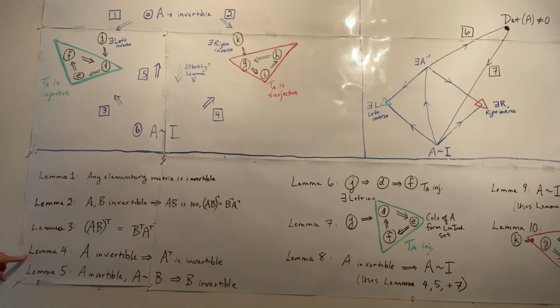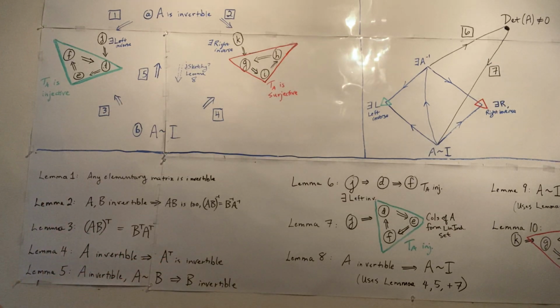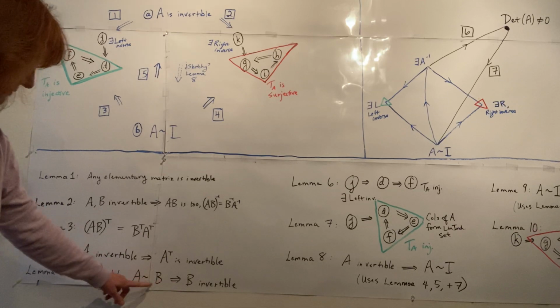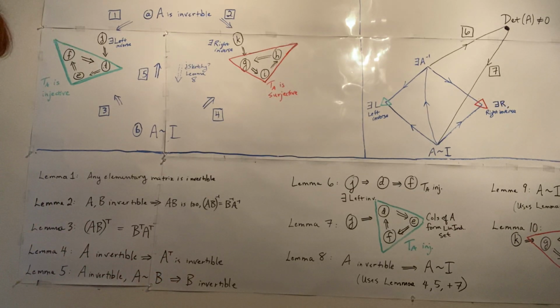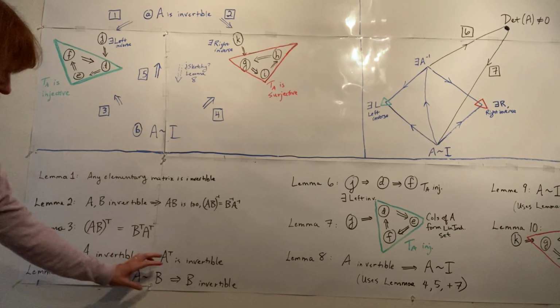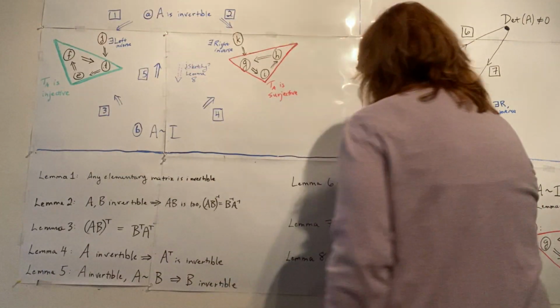First of all, the Lemma 4 video proved that if A is invertible, its transpose is invertible. Take a look at that. That's really nice. Lemma 5, that if A is invertible and B is row equivalent to A, then therefore B is invertible. So Lemmas 4 and 5 are brand new, not in the book. Very nice.